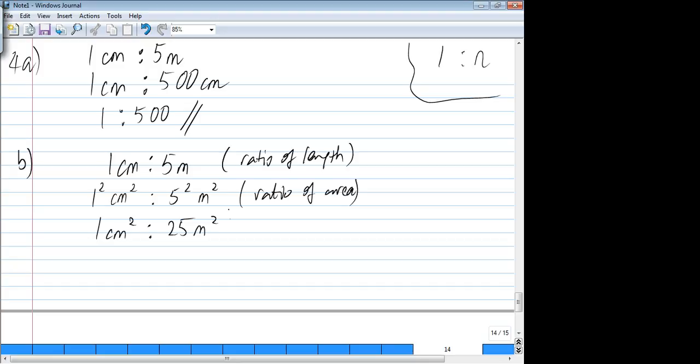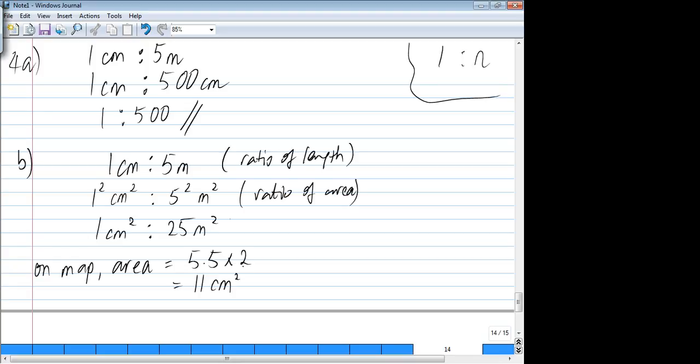Okay. So, what is the area of the garden on the map? On the map, area equals 5.5 times 2, which is 11 square centimeters.